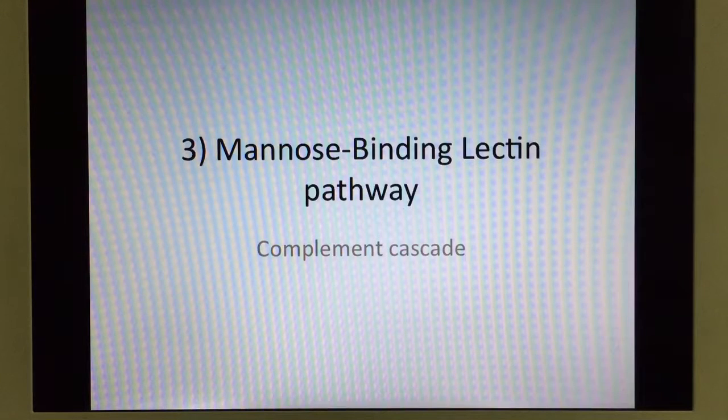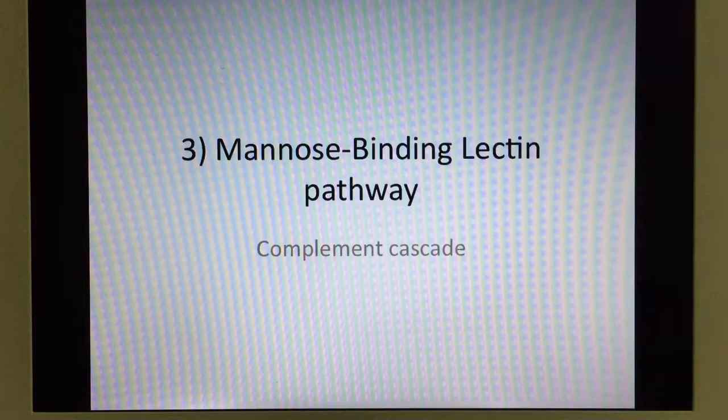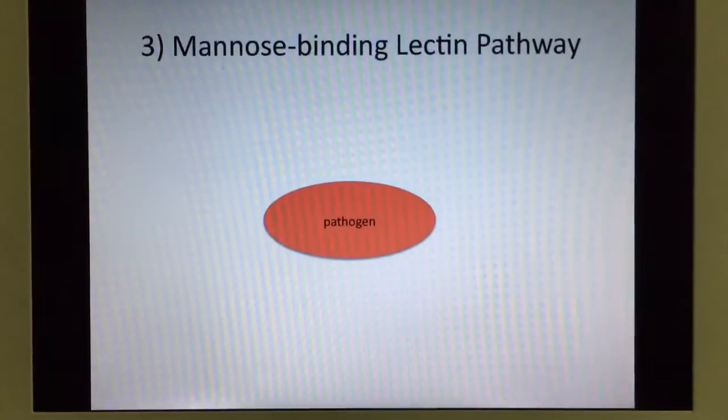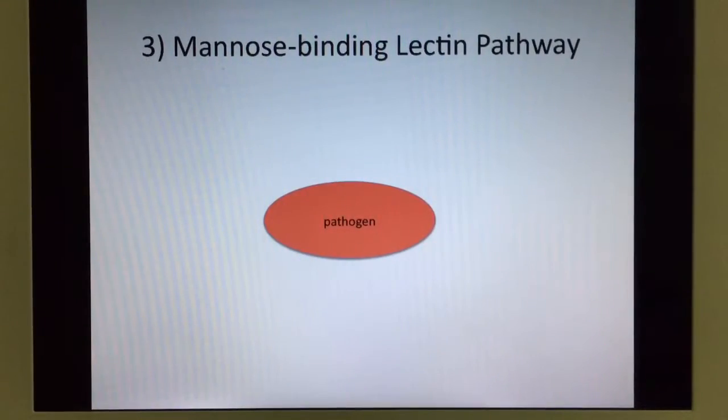Finally, let's go through the last pathway, which is the third pathway of the complement cascade, known as the mannose-binding lectin pathway. The mannose-binding lectin pathway is homologous to the classical pathway.